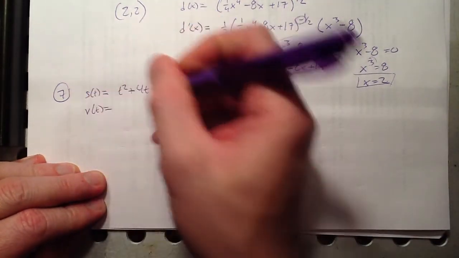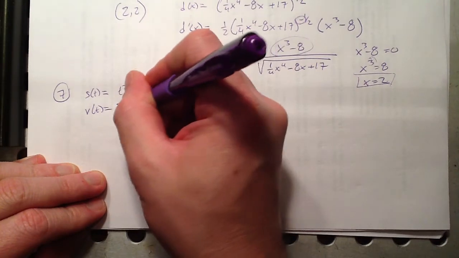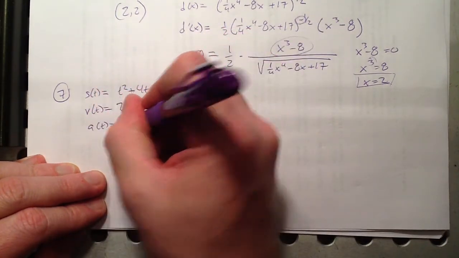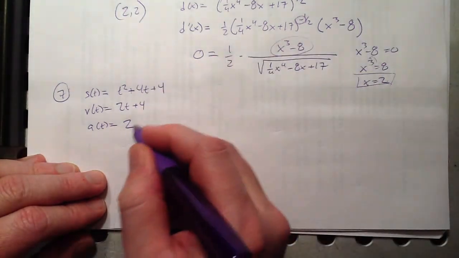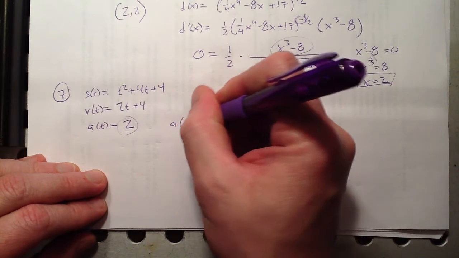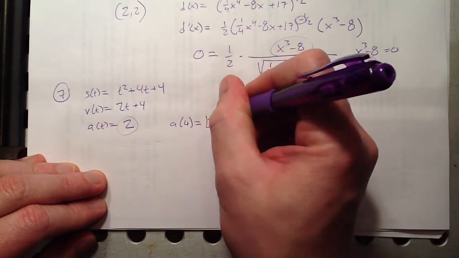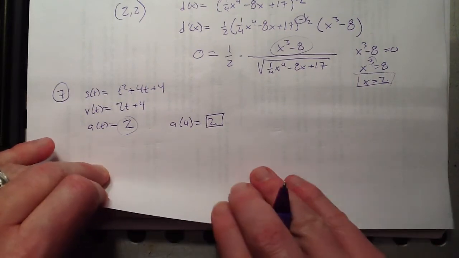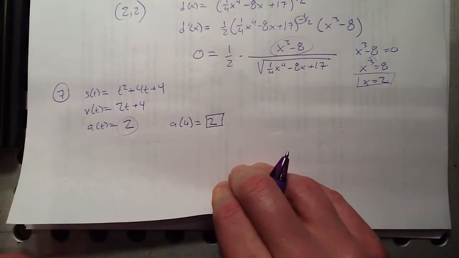Well, the velocity would be the derivative of that, 2t plus 4. The acceleration would be the derivative of that, which is 2. So, well, the acceleration is constant at 2. So the acceleration at 4 is the same as the acceleration everywhere else. It's 2, which is answer choice B. That was easy.